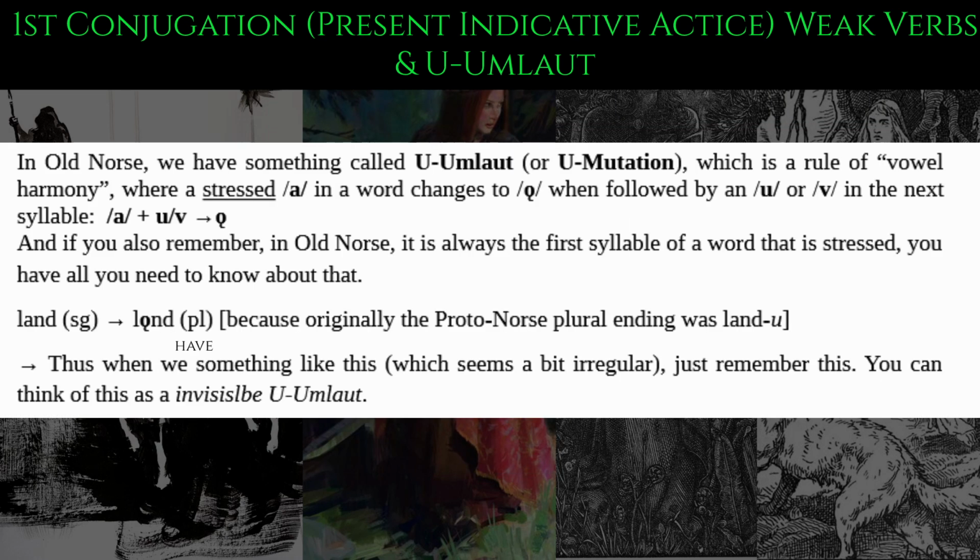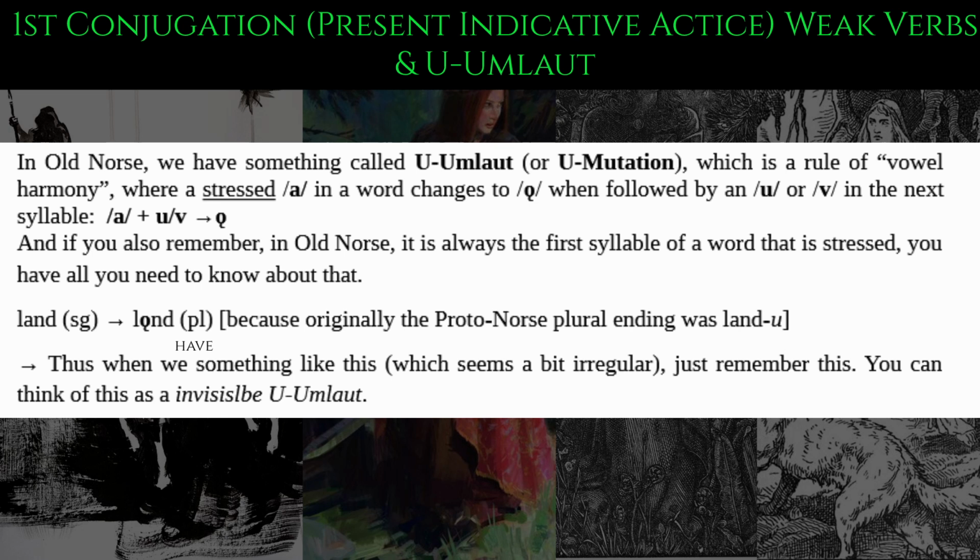Now, you may wonder, what is going on in the first person plural? Why does it look so different? Well, if you remember, in the previous lesson for Sindarin, we had something very similar, the E affection.